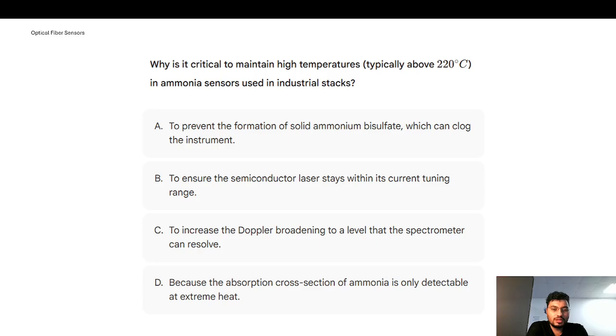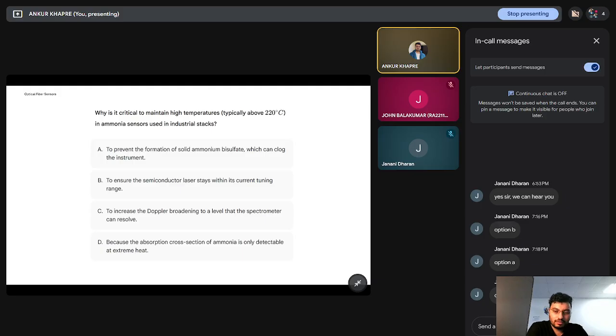B, to ensure the semiconductor laser stays within its current tuning range. C, to increase the Doppler broadening to a level that the spectrometer can resolve. D, because the absorption cross section of ammonia is only detectable at extreme heat. Please answer.